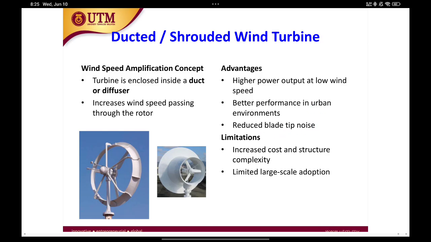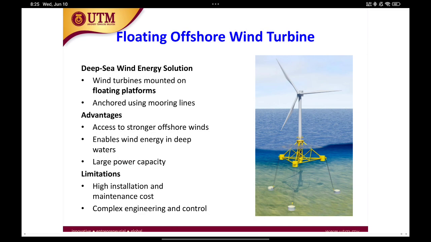Usually the larger the wind turbine is, the larger the noise. So if you do this, you reduce the blade tip noise. The limitations are increased cost and structure complexity, and large scale adaptation. Basically this one is much bigger and heavier, so that is going to be a problem.